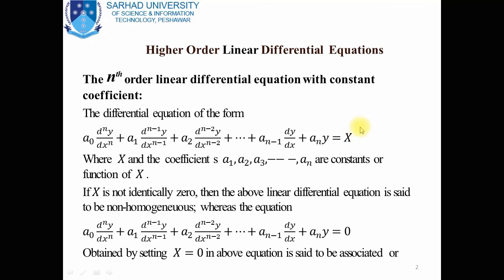If this right hand side function is 0 and all the coefficients on the left hand side are constant, then the equation will be a homogeneous linear differential equation of higher order with constant coefficients. So the higher order linear homogeneous differential equation with constant coefficients can be solved by this procedure.